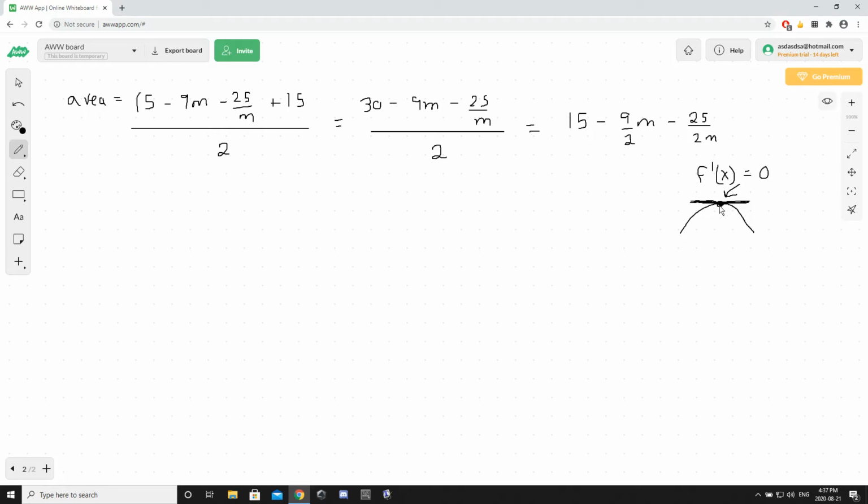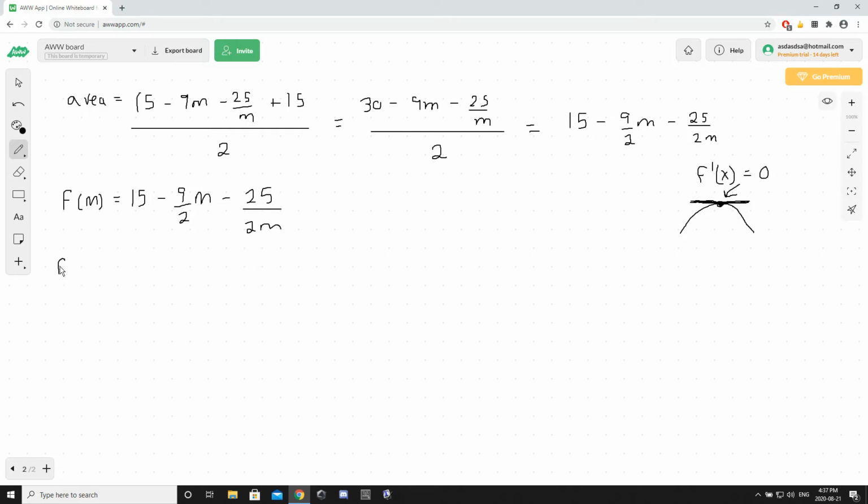Okay? So we want to figure out what those critical points are. If f of m is equal to the equation that you see here, 15 minus 9 over 2 m minus 25 over 2m, then we're going to determine the derivative of that.